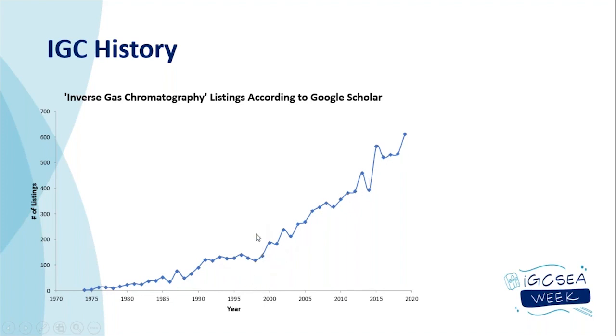And just as a point of reference, in about 1999, Surface Measurement Systems came out with our first commercial inverse gas chromatography system. And right around 2009, 2010, we came out with our next generation inverse gas chromatography SEA instrument. And not surprisingly, or not by coincidence, this does seem to trend with the availability of a commercial grade turnkey instrument. The number of publications has increased significantly in the last 20 years.